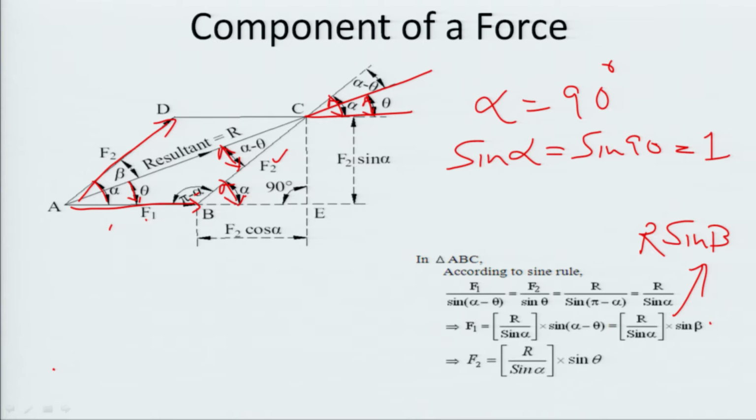So it is R sine beta, and F2 is R sine theta.